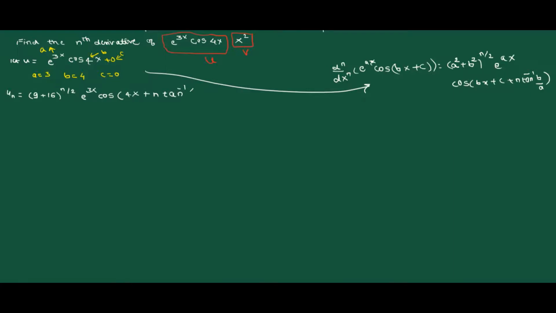What is the b value? B value is 4, a value is 3. So this is the nth derivative, comma, v value is equal to x square. So now by using Leibniz theorem, or here I will write one more step.